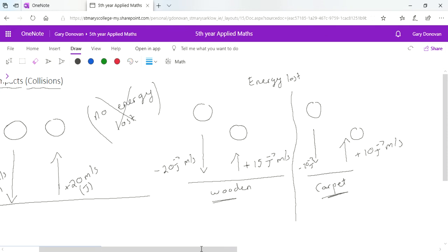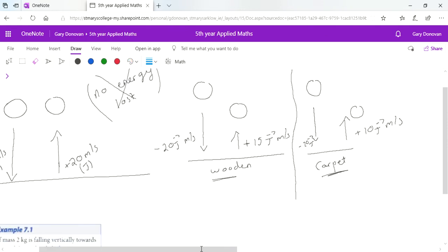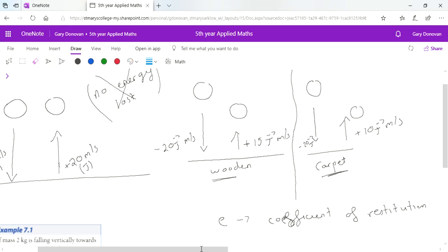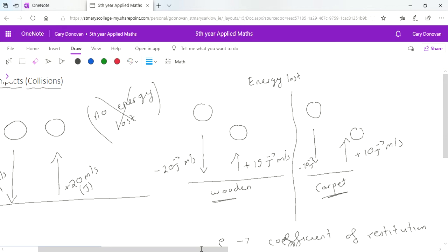The amount of energy that's lost depends on this quantity, or variable, known as e, which stands for the coefficient of restitution. In the first case, the ball only retains 3/4 of its original speed, so the coefficient of restitution would be 3/4.